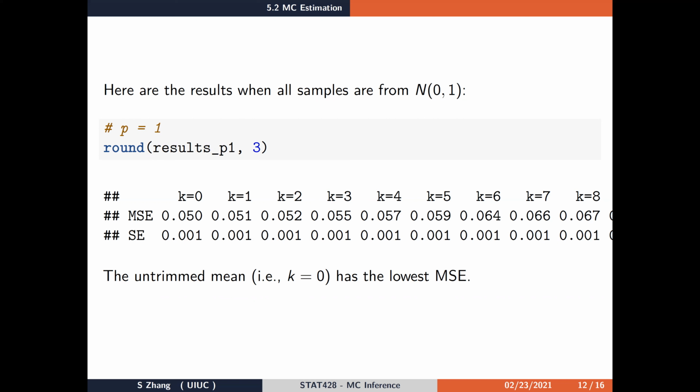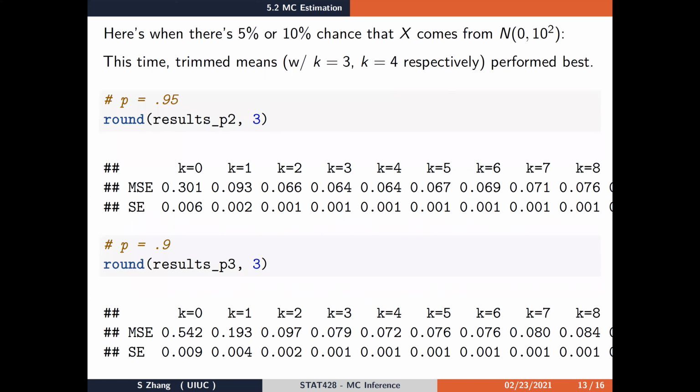How about when there is some degree of contamination in our data? So what if P is equal to 0.95 or 0.9? So here are the results for those two cases, where there's either a 5% or 10% chance that X comes from the normal distribution with standard deviation of 10. You can see that here the results are no longer the same as before.